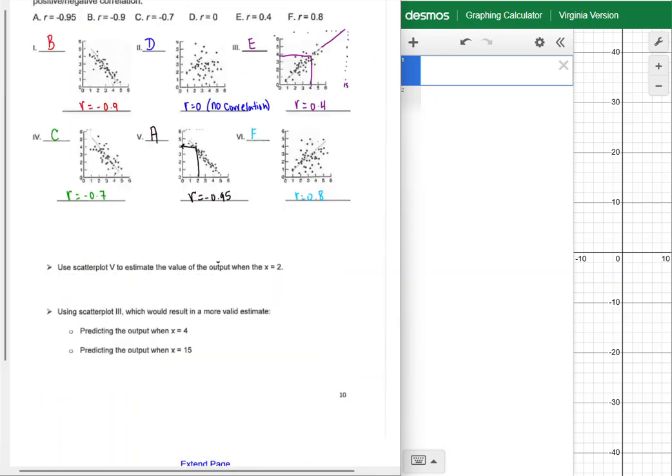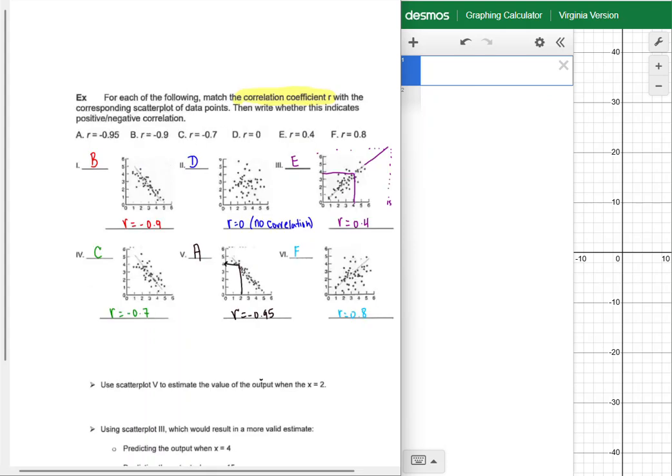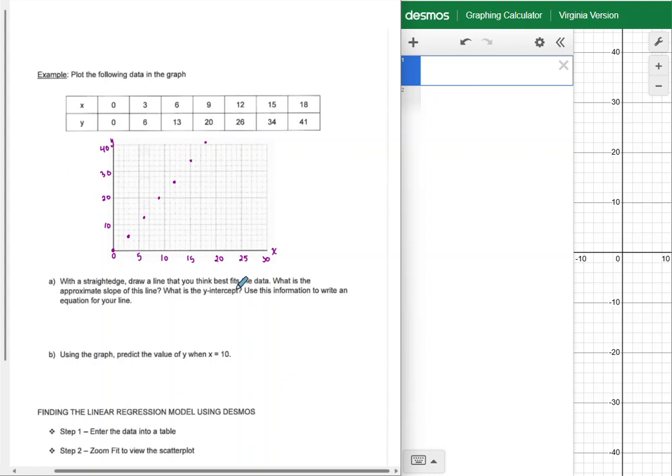So I'm going to skip that page. We'll come back to it. We'll go to this page right here. We have a table, and I already graphed the points on here.